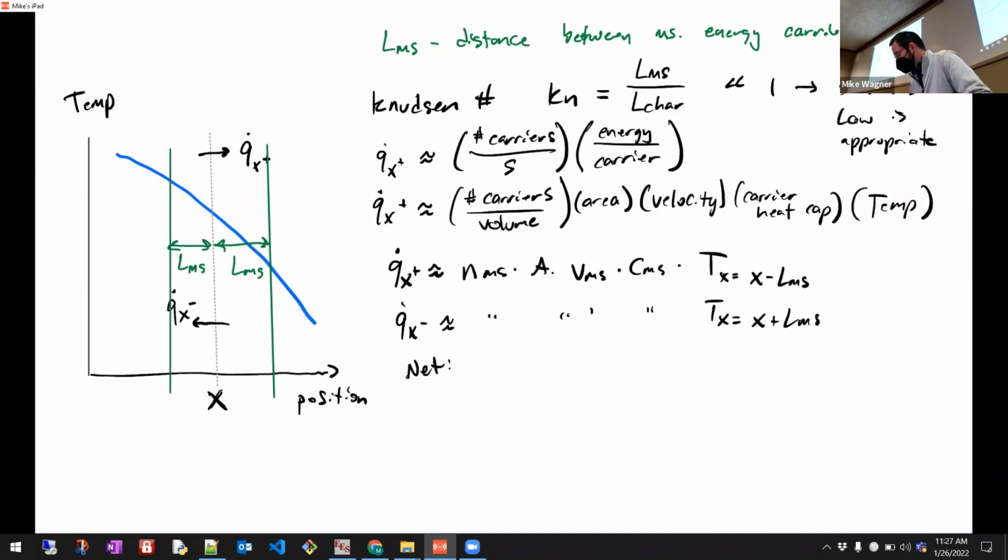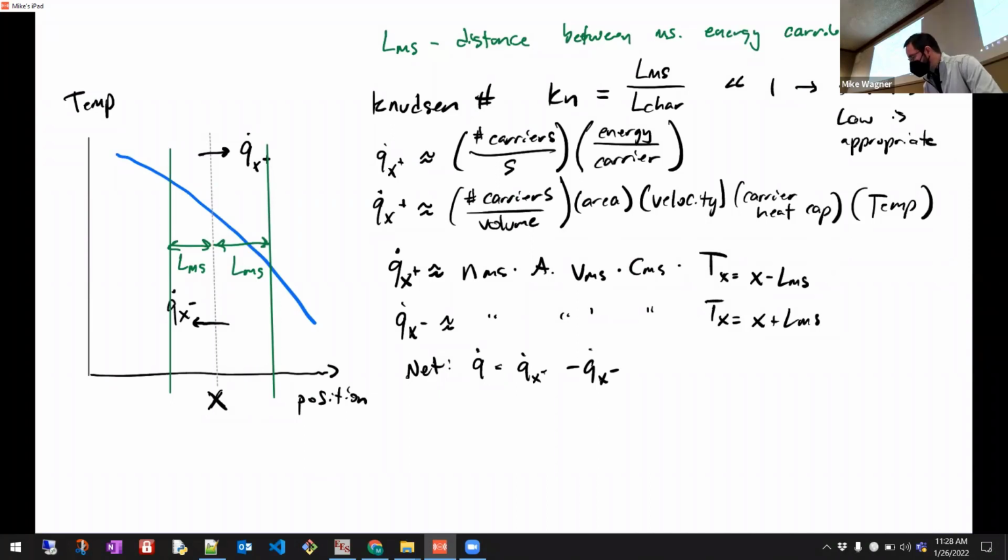So we actually want the net heat transfer. The net heat transfer is just Q dot x plus minus Q dot x minus: what's going in the positive x direction minus what's going in the negative x direction.